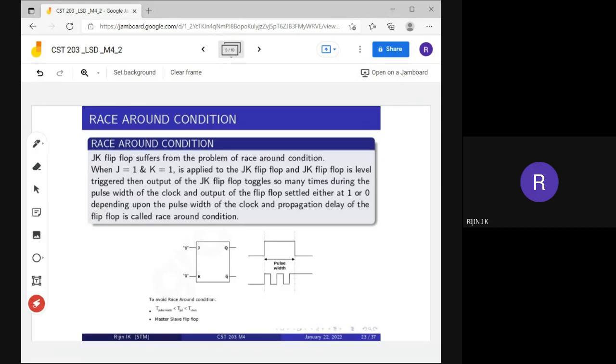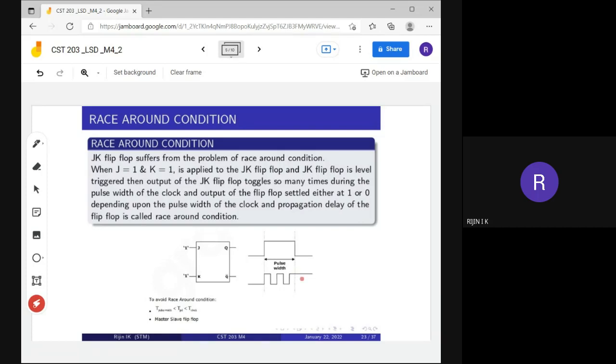But in JK flip-flop we have to understand that there is a problem associated with it. What is the problem? If J and K both are equal to 1, and we assume a level triggered flip-flop, then the output of the JK flip-flop keeps on toggling during the pulse width of the clock.